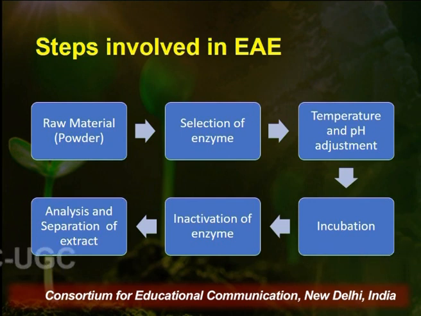So once the enzyme is selected, we have to understand the temperature and pH conditions that are required for optimum activity of that enzyme, because enzymes are nothing but protein molecules, and the activity of an enzyme is largely dependent upon the operating temperature as well as the pH of the media.